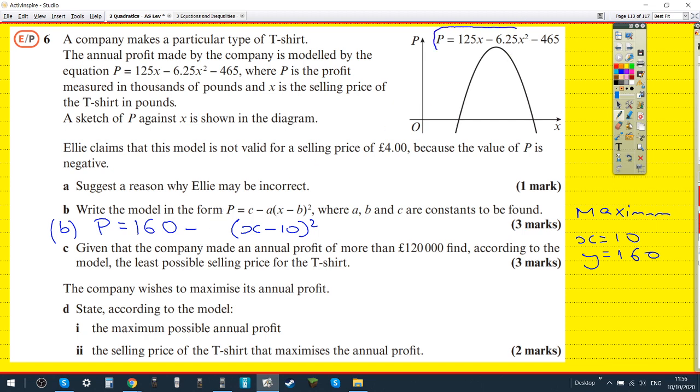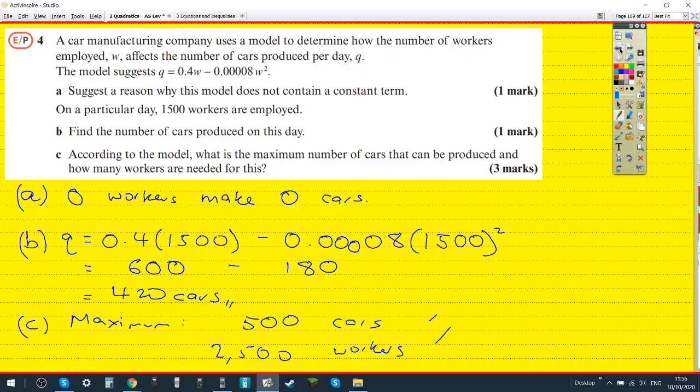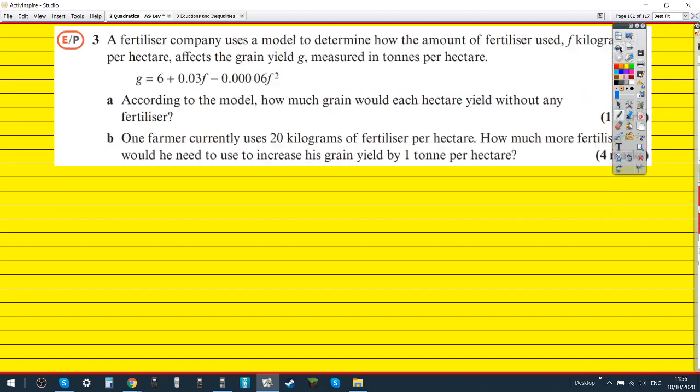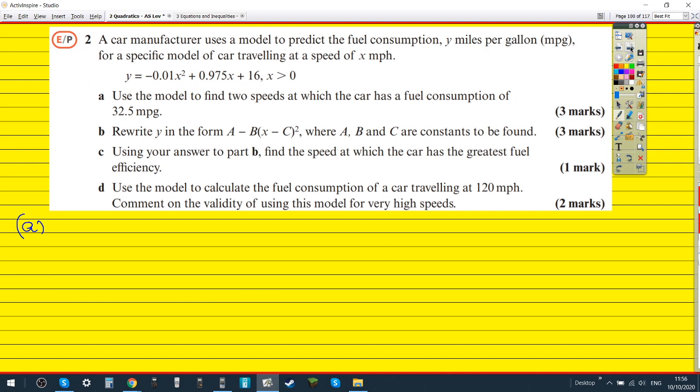So this equation here. Yeah. What would you have to factorize out so that you have like 1x squared? Minus 6.25. Yeah, 6.25. That's it. Let's see. 160 minus 6.25 x minus 10 squared. That's the one thing I wanted to check on there. Let me just quickly see if it can make sense of something.